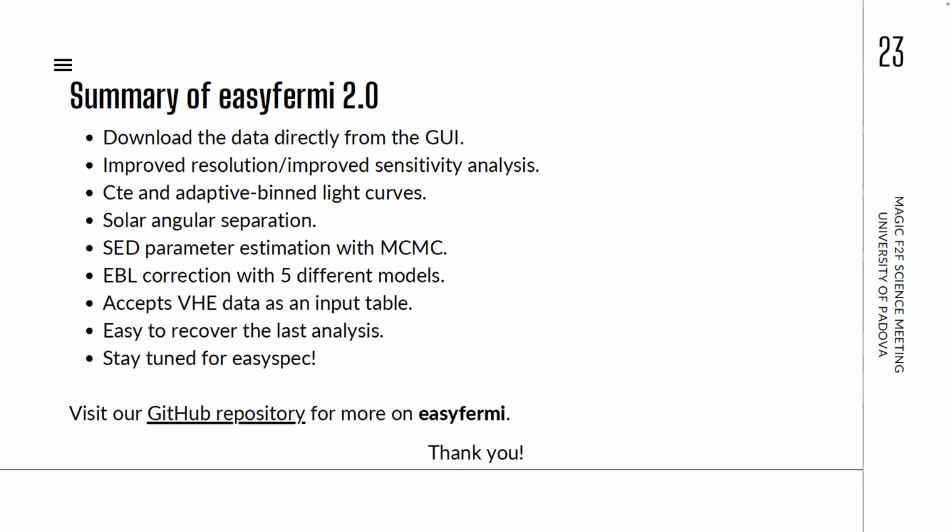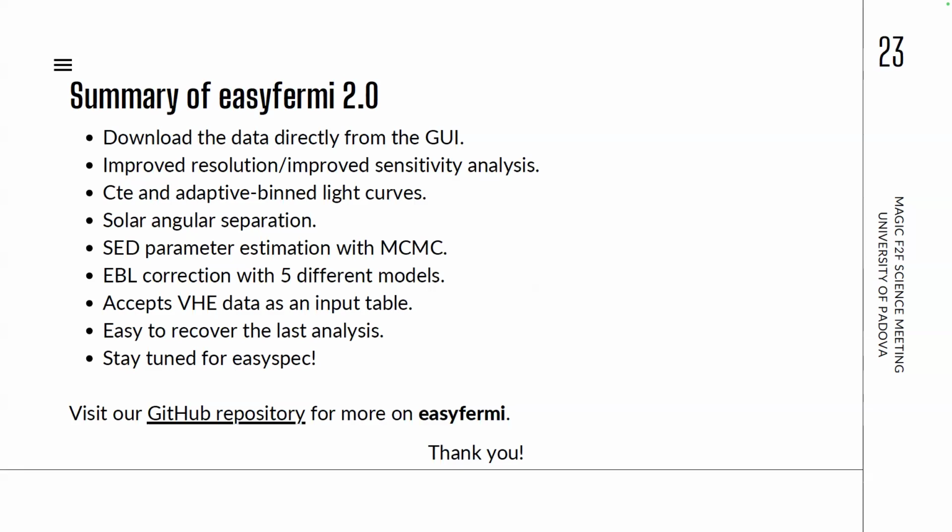And that's it. The summary of easyfermi 2.0 is that you can download the data directly from the graphical interface. We offer you the option of doing a higher resolution and higher sensitivity analysis. We can do constant and adaptive binning light curves. We have this very useful diagnostic plot, giving the angular separation between the target and the sun.